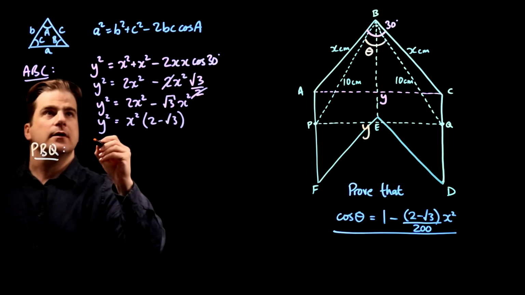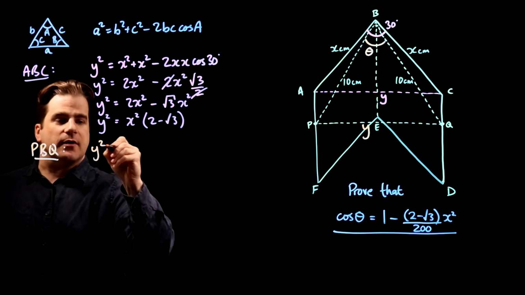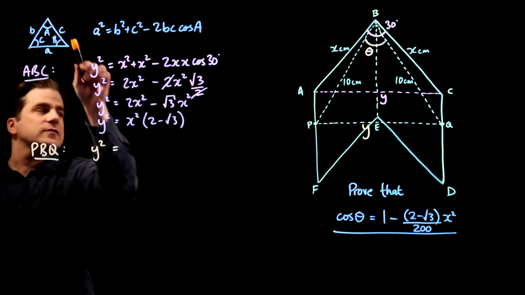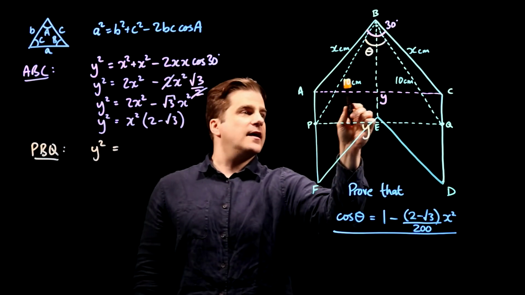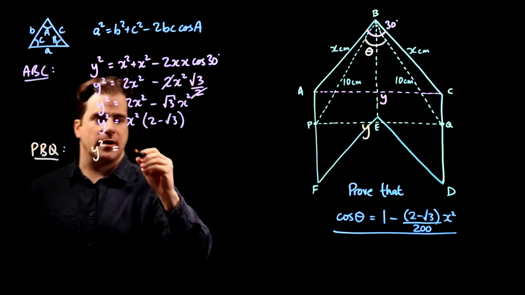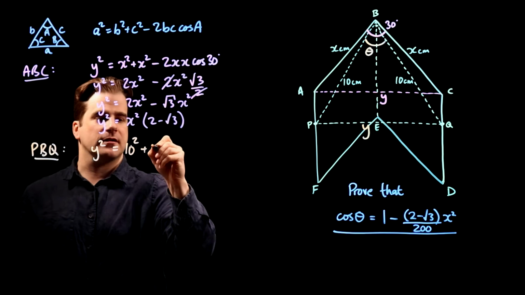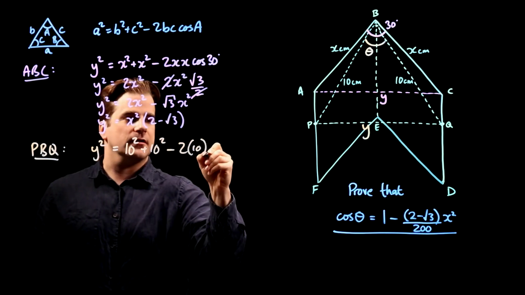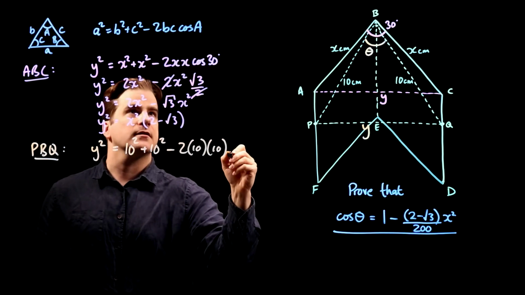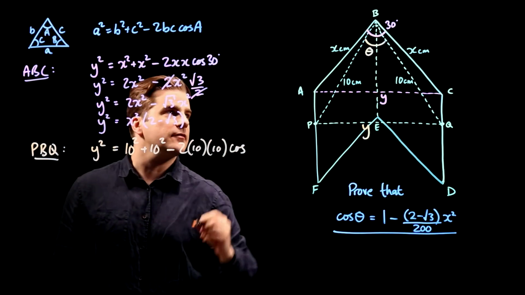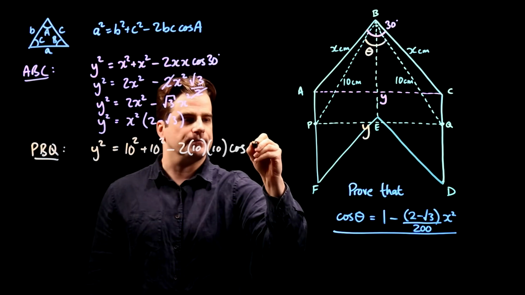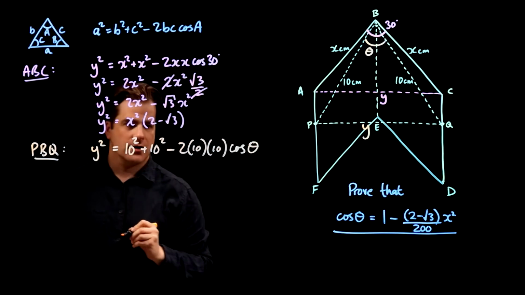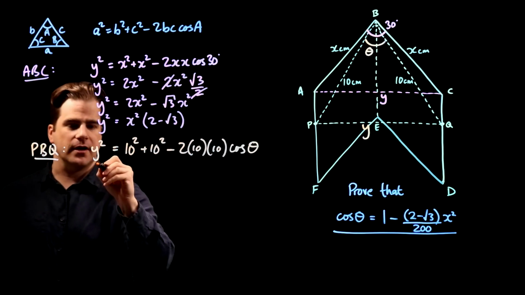So a squared, y squared, is equal to, now these two sides are 10 and 10, so b squared plus c squared is 10 squared plus 10 squared minus 2 times b times c cos the angle between them, which is theta. Okay, good. Simplify.